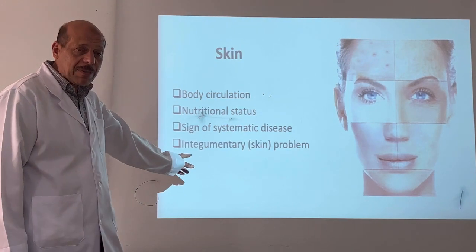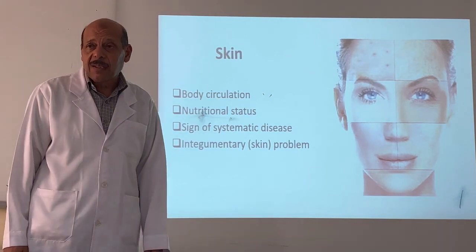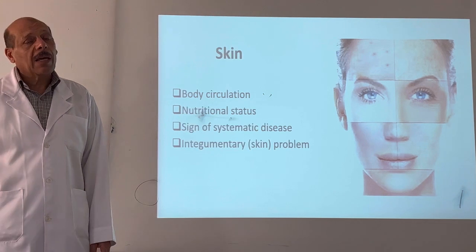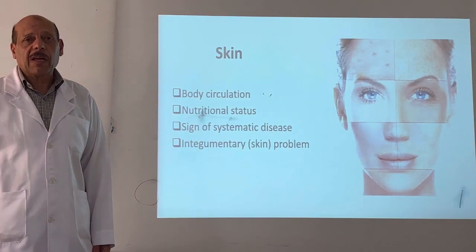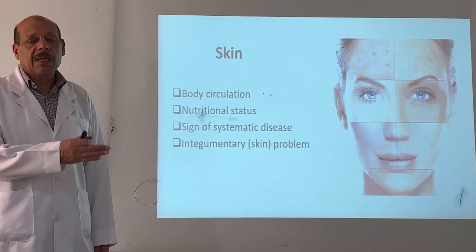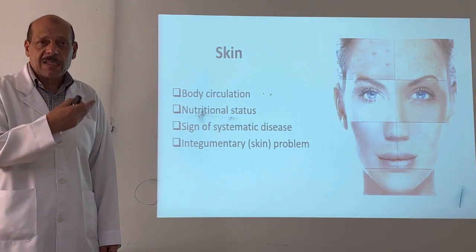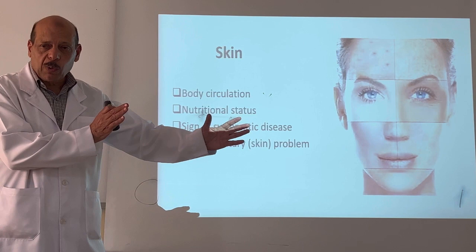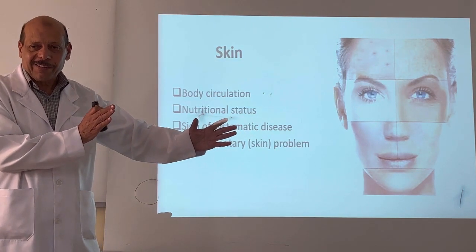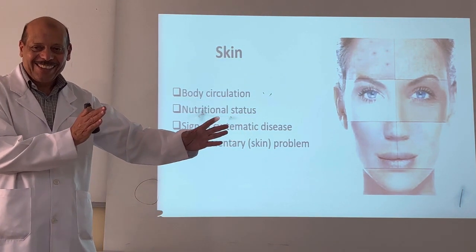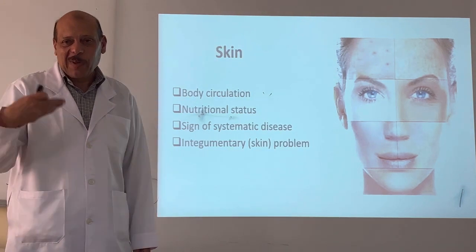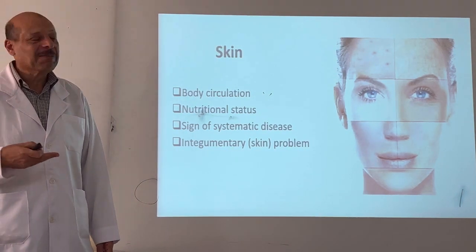Also some signs and symptoms of diseases might appear there, and changes of the color mostly is there. In case of liver diseases, you might find that the color of the skin goes toward, not red, yellow. Yes. It is due to the accumulation of bilirubin in the skin.